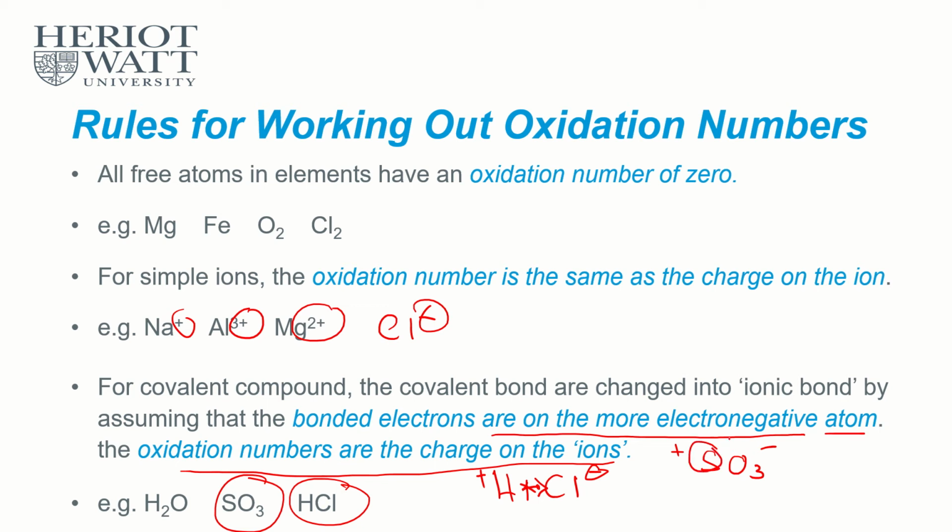So what is the common oxidation state of oxygen? -2. So S is unknown, plus -2 multiplied by 3, because I have 3 oxygens in the molecule, equals to what, guys? SO3 overall, the whole molecule is neutral, no charge at all, so equals to 0. So then you can get sulfur equals to +6. So the oxidation number of sulfur in SO3, a covalent molecule, is actually +6.